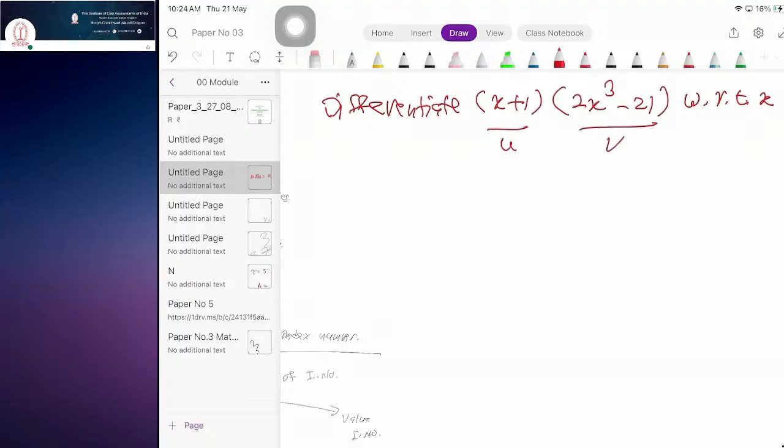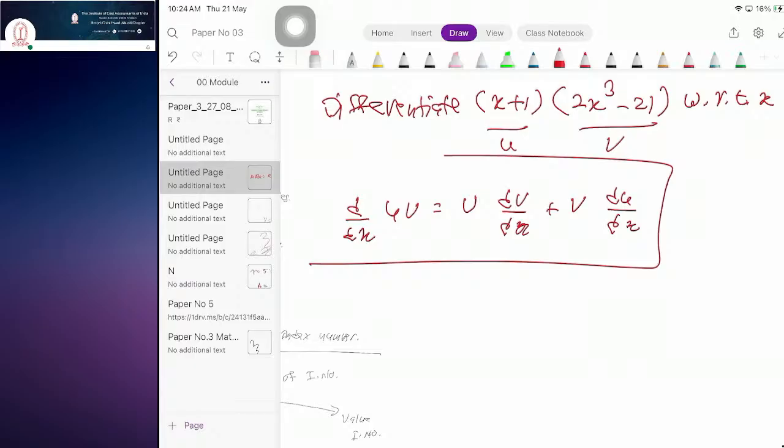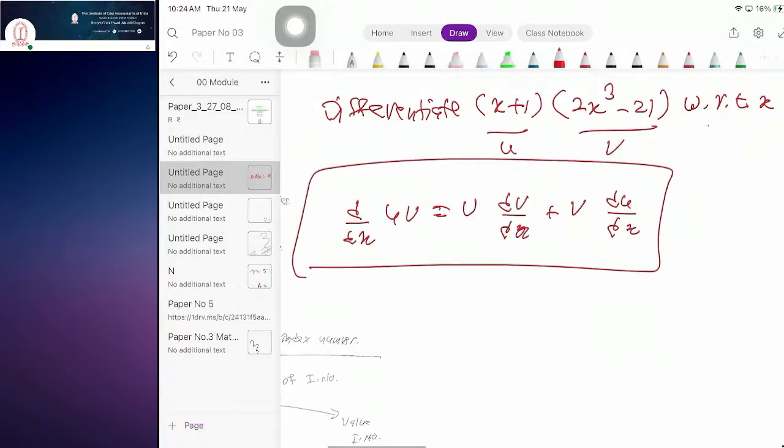We already know the formula: d/dx of uv is u dv/dx plus v du/dx. That's all. Applying this rule, we have to find the answer.